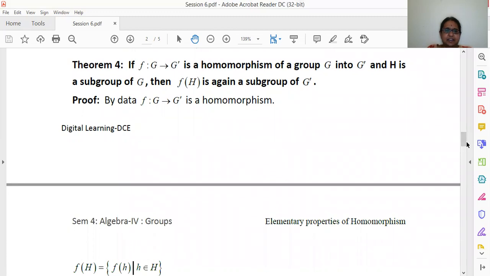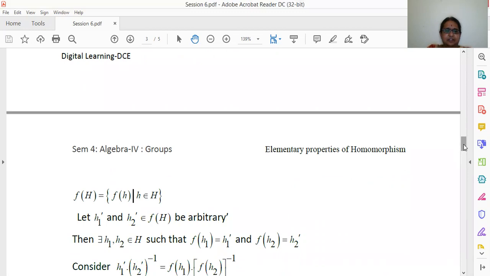So by data, f from G to G' is a homomorphism. Then we shall construct f of H. f of H is equal to the set of all f of h such that h belongs to H. That is the subgroup. So we have constructed f of H. Then we have to show that it is a subgroup. So now consider two elements belonging to f of H. Let h1' and h2' belong to f of H be arbitrary elements.